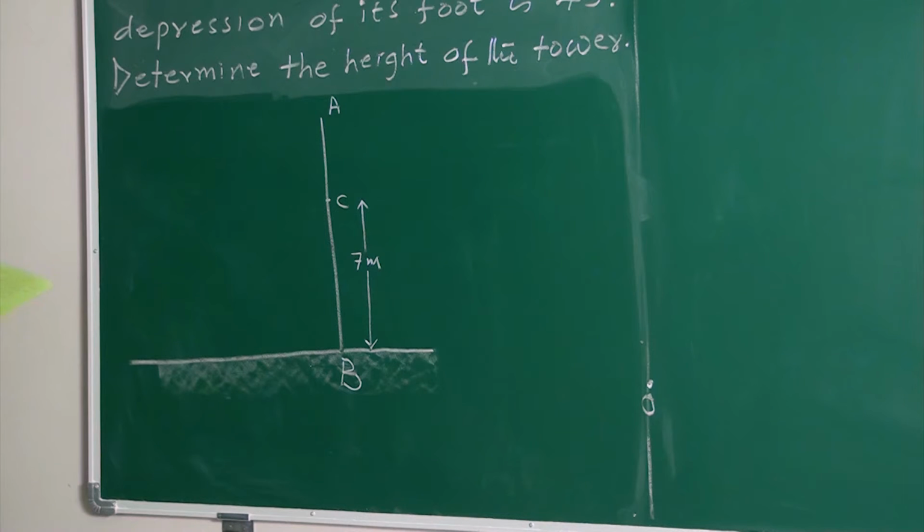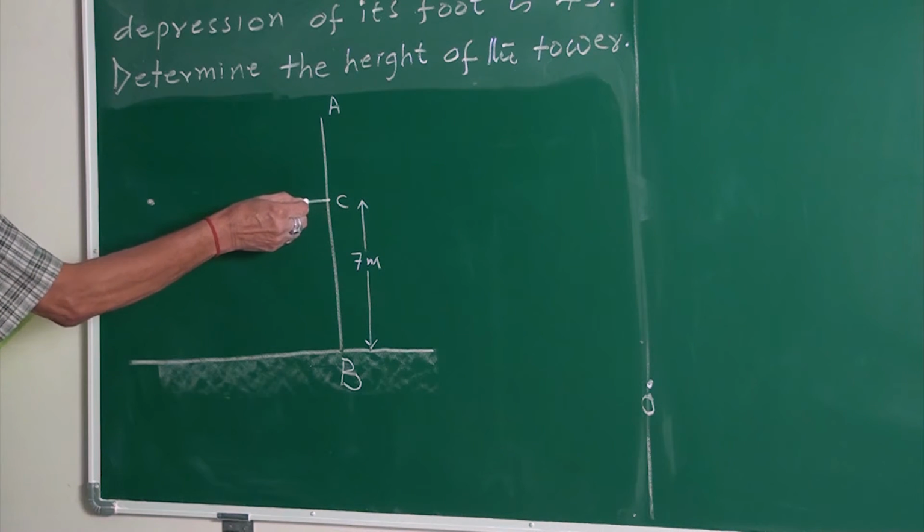Then where is the observer? From the top of a building 7 meters high, the angle of elevation of the top of a cable tower. Yes, then the observer is here, my friend.